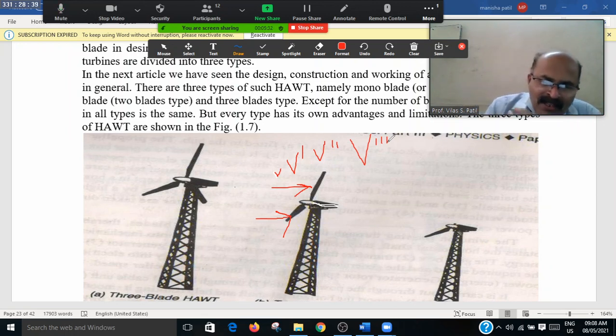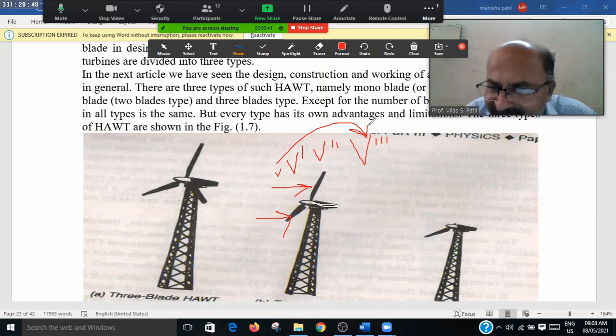As we go from this v to this v, the velocity increases.